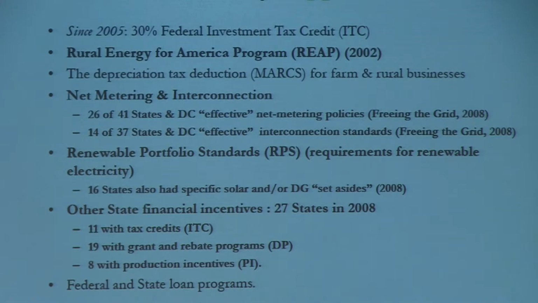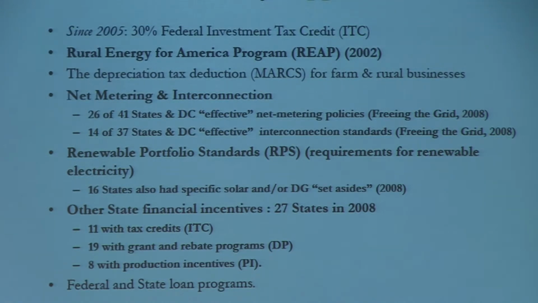Net metering and interconnection, as we mentioned, has also been important, but it is good to note that not all net metering policies are effective, and only the effective ones have an impact. Same goes for the interconnection standards.